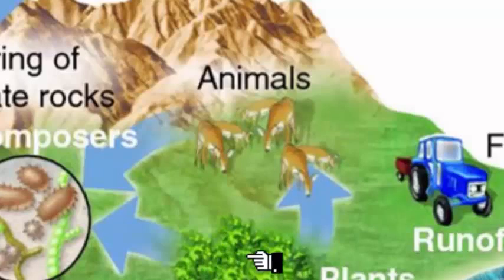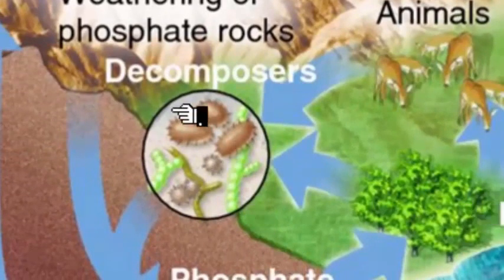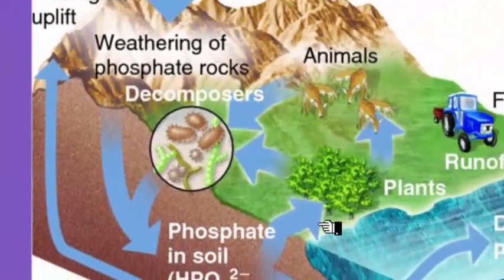The phosphorus gets back in the cycle when the plant or animal dies. So it's the decomposers' work to put it back from the organic to the inorganic form, when it can again be used by some other plant.